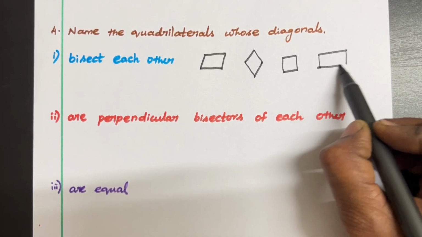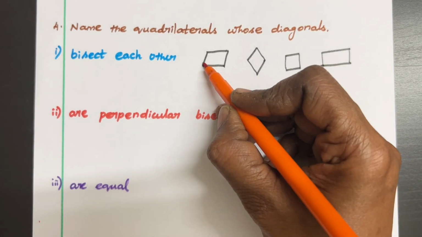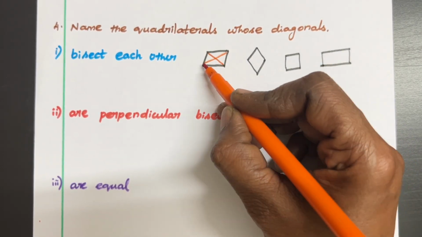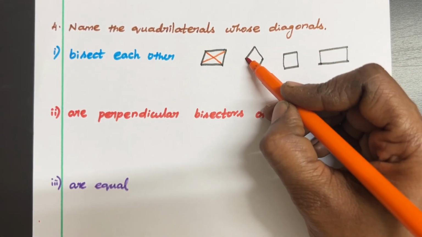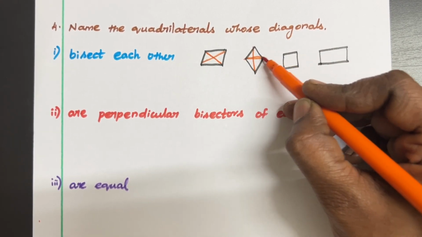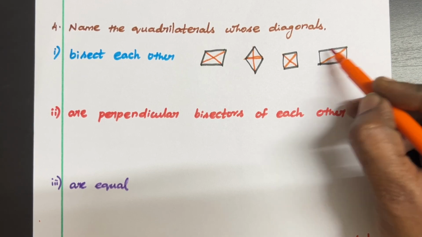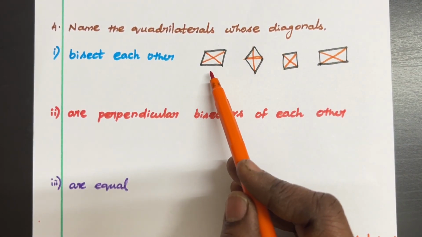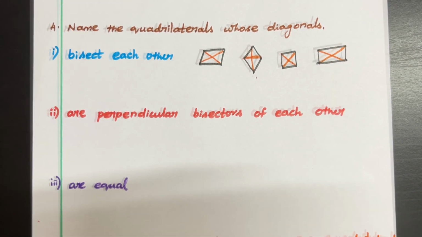See, if you draw diagonals like this, they exactly divide one another. So this is called bisecting. So parallelogram, rhombus, square and rectangle.